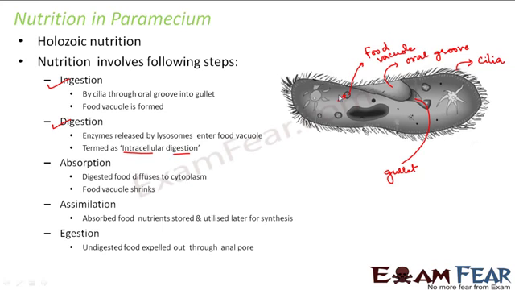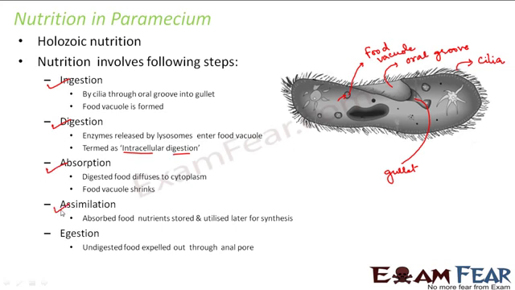For absorption, the digested food diffuses to the cytoplasm and the food vacuole shrinks. Inside the food vacuole was our food. Due to the action of the enzymes, the food is digested. So the digested food will come out of the food vacuole. Once the content of the food vacuole is emptied, the food vacuole will shrink. And now the digested food will remain in the cytoplasm.